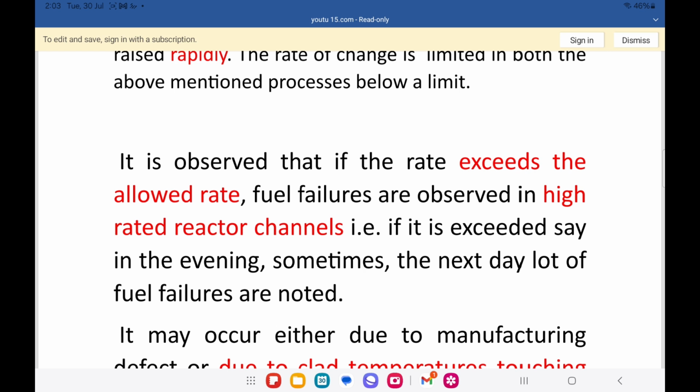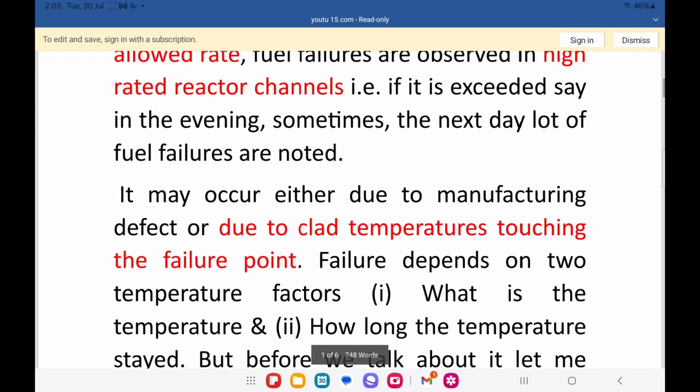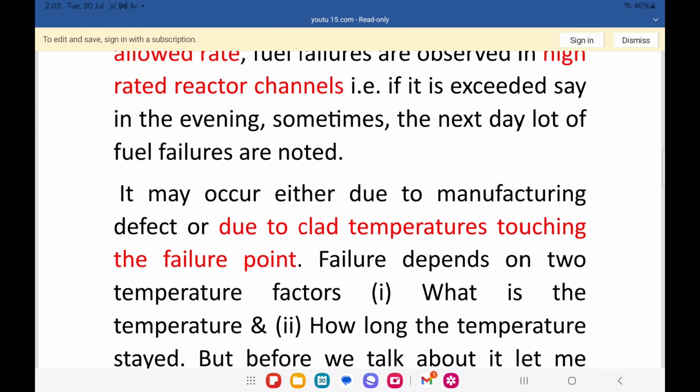That is, if it is exceeded, say in the evening, sometimes the next day, a lot of fuel failures in high power channels will be noted. It may occur either due to manufacturing defect, of course, or due to clad temperatures touching the failure point.